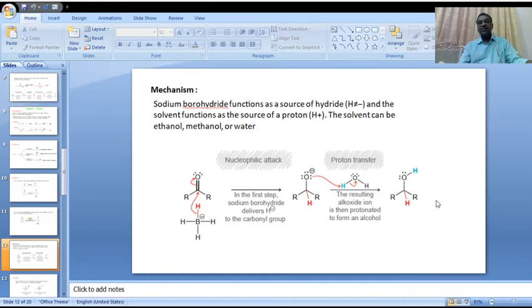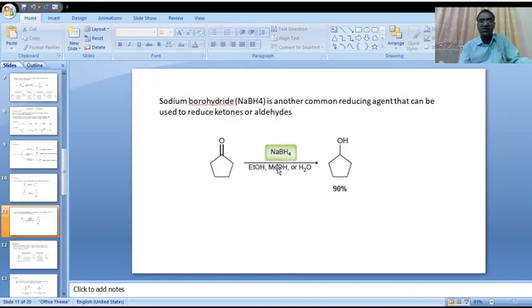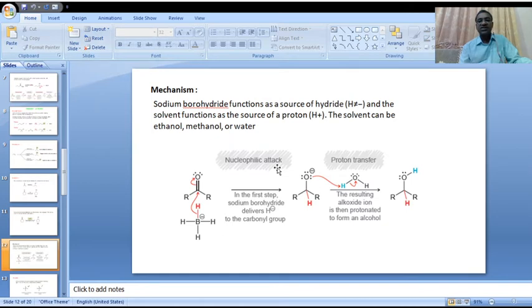This is an alcohol we are getting from this reaction. This is the clear information. This is the mechanism part of this reduction reaction with sodium borohydride. Is it clear, all of you?